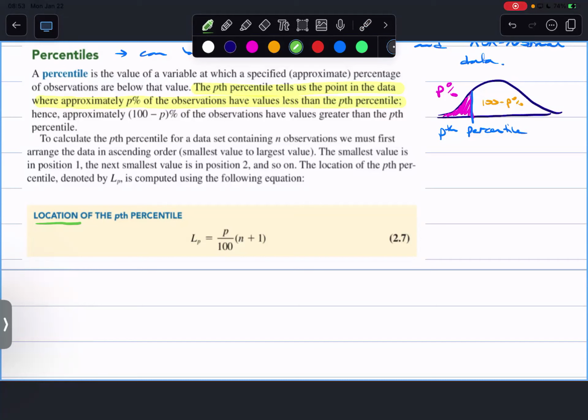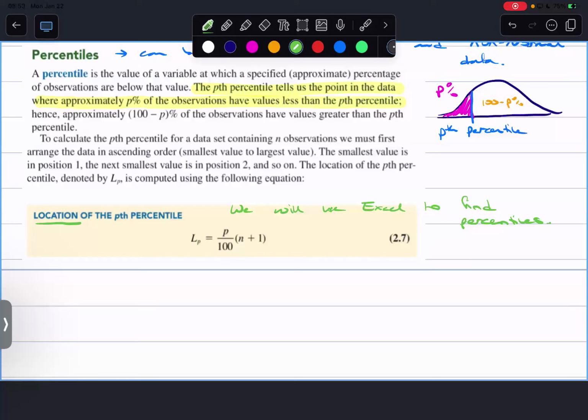So that's just the location, and then you still have to find it in your sorted data. But we will use Excel to find percentiles, so you don't need to worry about the location. Just know that it's the value that splits the lower P% from the upper 100 minus P%.